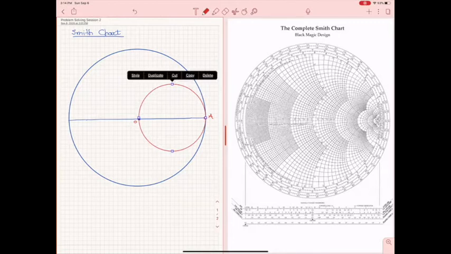And we say that this circle represents all of the resistive values that, normalized to a characteristic impedance, are equal to 1.